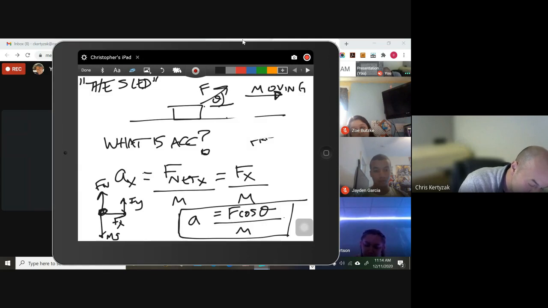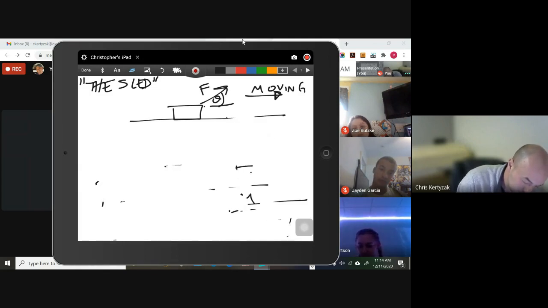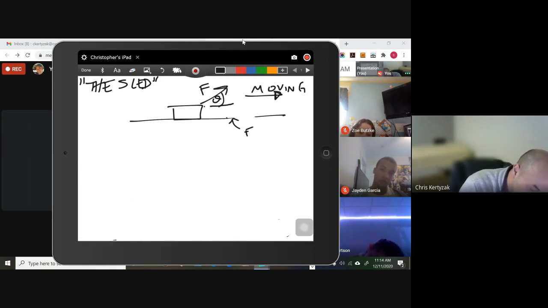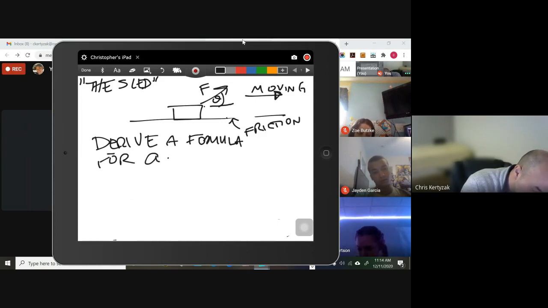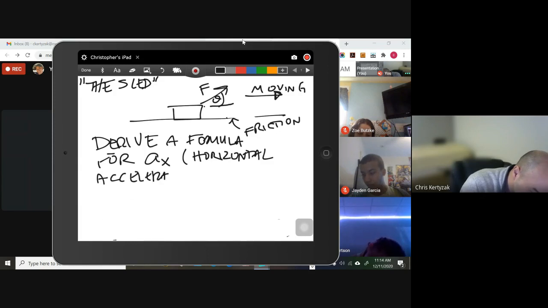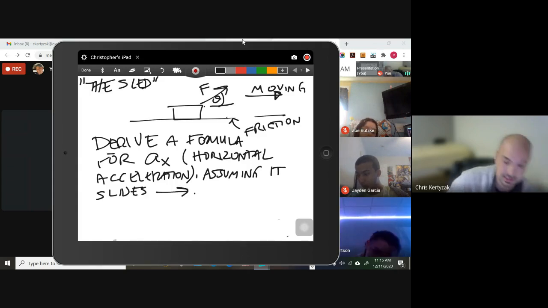Everything's the same about this problem, just now they say there's friction, and they ask to derive a formula for the acceleration, which is the horizontal acceleration, assuming that it slides to the right.